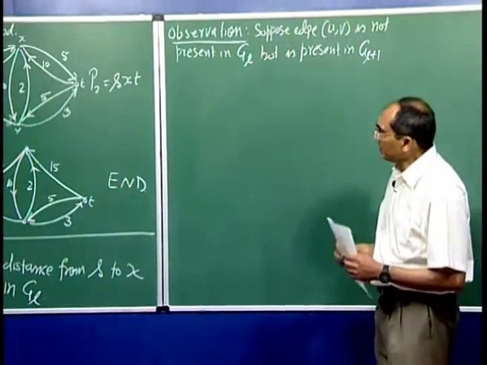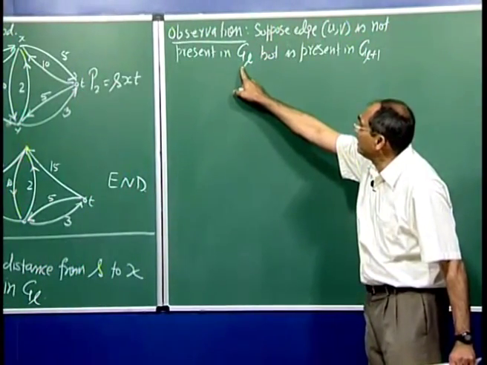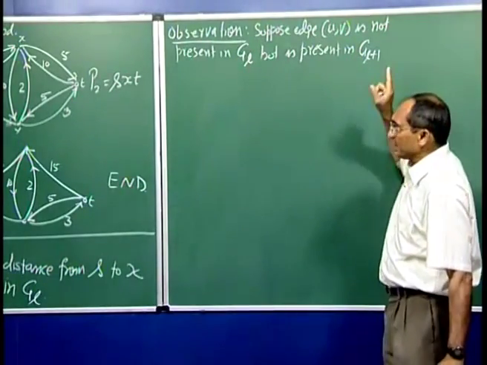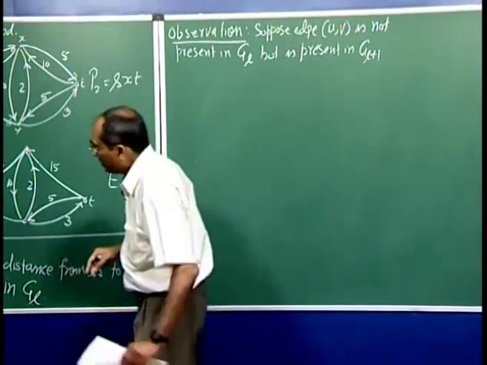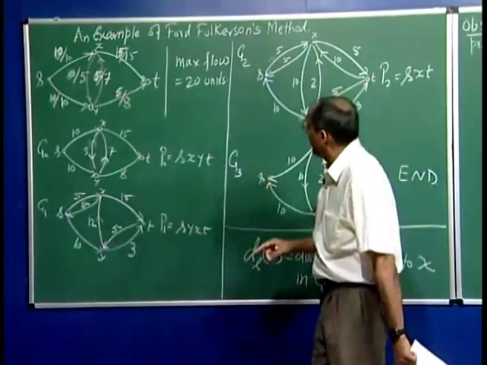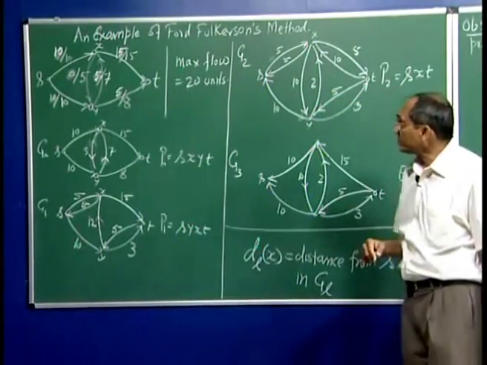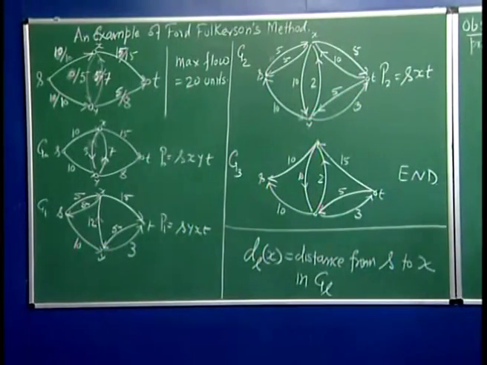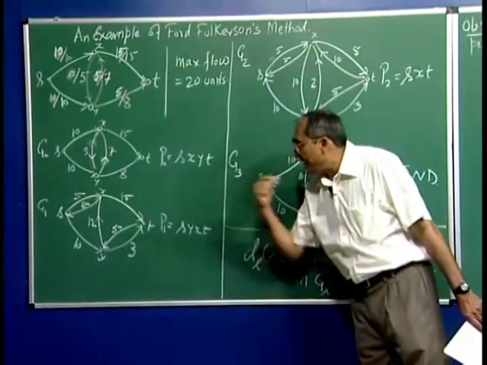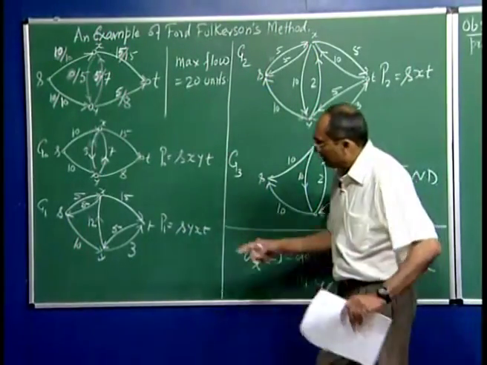Suppose it so happens that there was an edge which is not available in GL, but is present in GL plus 1. For example, edge xy is not present in this graph, but it is present in the next one. Then what can we say about this particular edge? Why is this not present here?